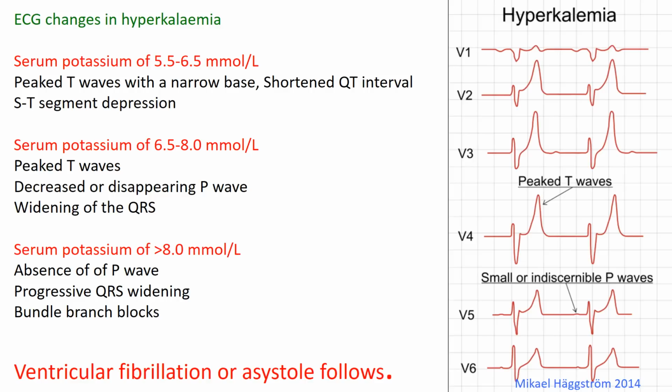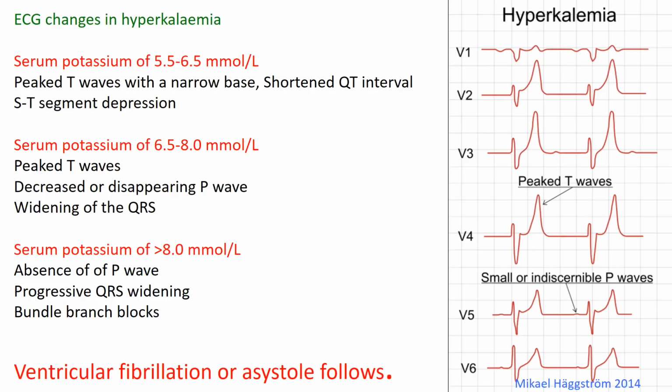But if the serum potassium continues to rise, say in the range 6.5 to 8, those peaked T waves are going to persist. But then there's going to be decreased or disappearing P waves and a widening of the QRS complex. And hopefully you've identified the hyperkalemia and treated it by the time it gets to this stage, or indeed before.